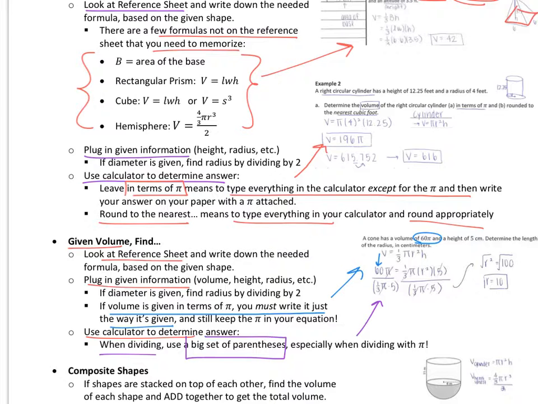Using those big pairs of parentheses helps you to do the order of operations correctly in your calculator. Whatever you do to one side, you must do to the other, so I have to repeat that division with big parentheses of 1/3, pi, and 5. You definitely have to have parentheses when you divide by pi. If you don't, it ends up multiplying by pi, which is not so cool because it changes the answer.